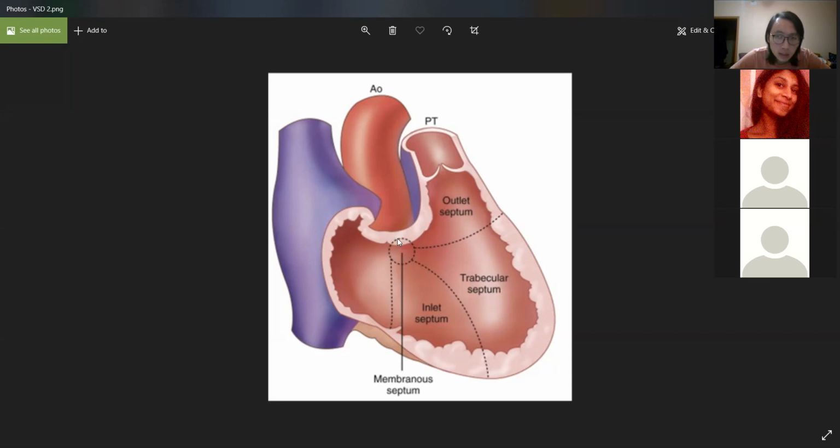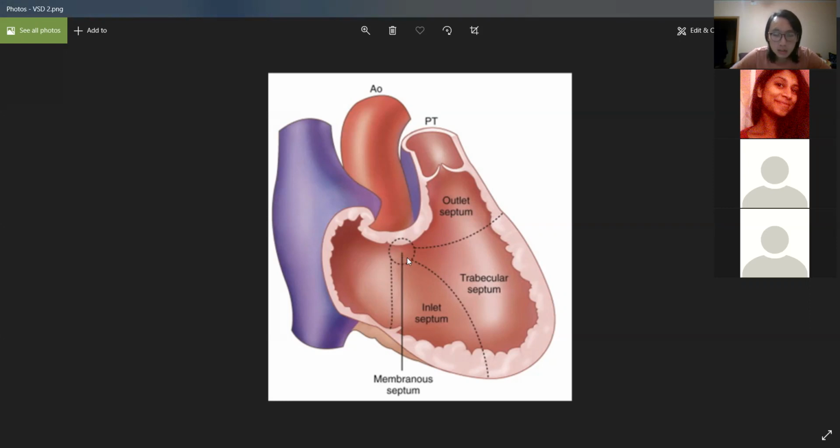And it is adjacent to your tricuspid valve. Your tricuspid valve is supposed to be here, but it's not here. Another name for this defect, sorry, I forgot, is aneurysm of membranous septum. Aneurysm of membranous septum.